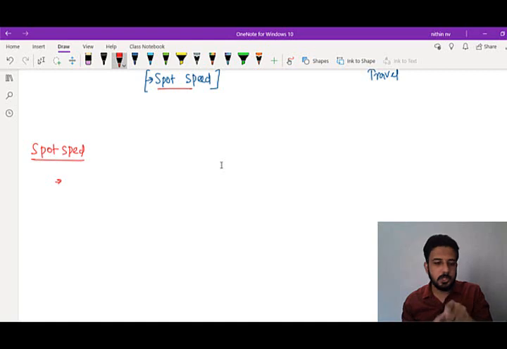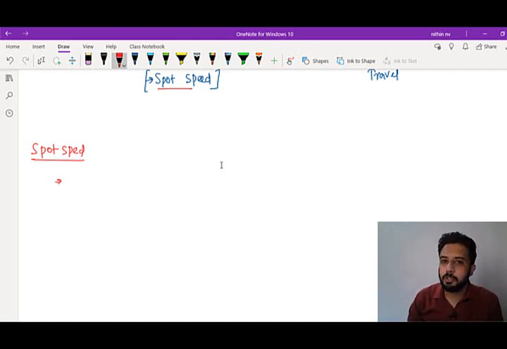Only you can check your speedometer, right? So we have different instruments, like the photoelectric instrument, the radar instrument, and an instrument called the Enoscope. The photographic method we can also use.